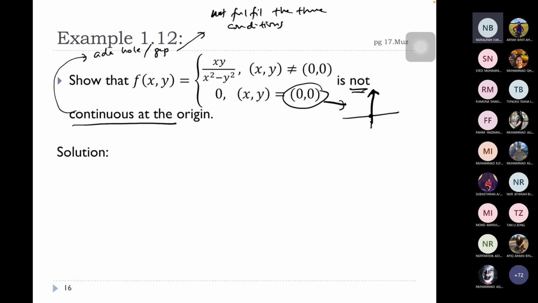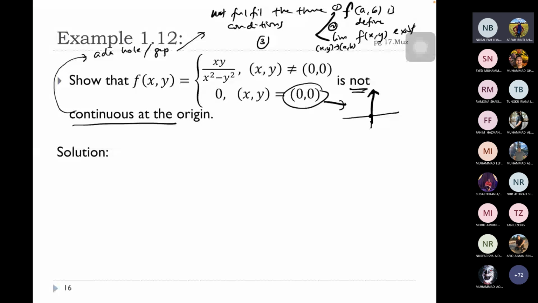So daripada sini, fulfill the three condition, that is f a b is defined, and then kita ada limit x y approaches a b for the function of x y exists, dan ada lagi satu dua condition ketiga. Okay, so dia punya limit ni kena sama dengan function of a dan juga b.